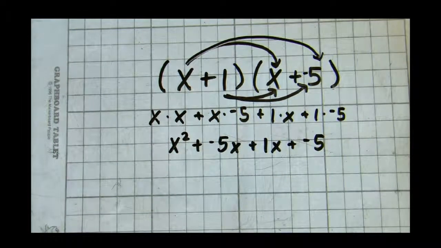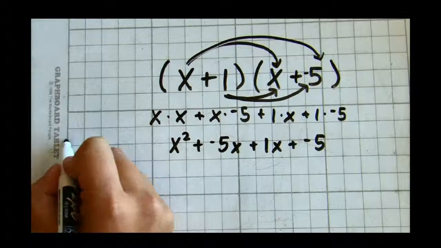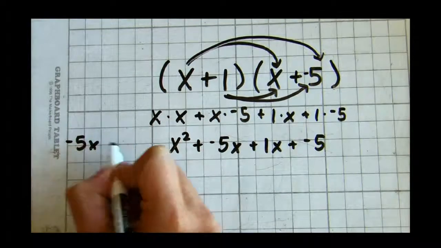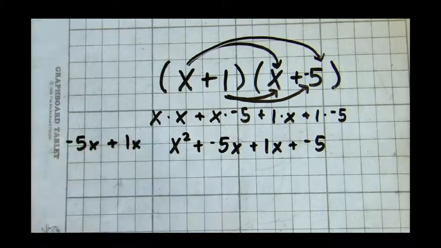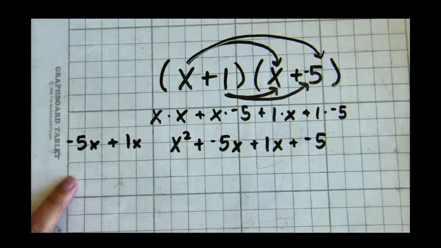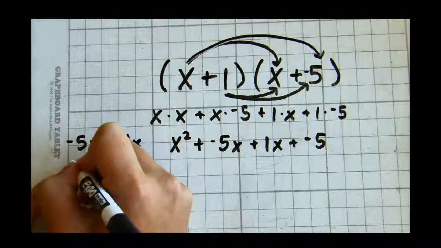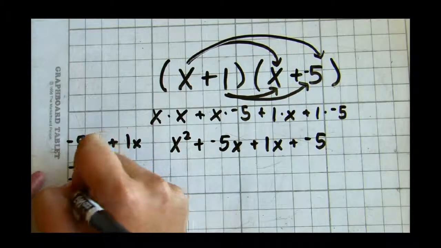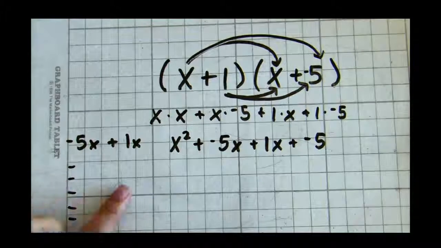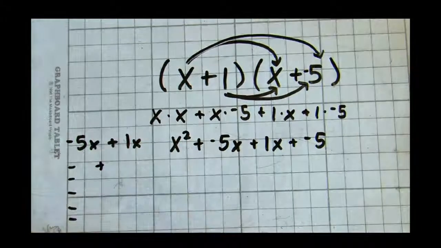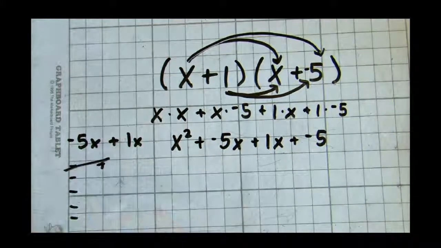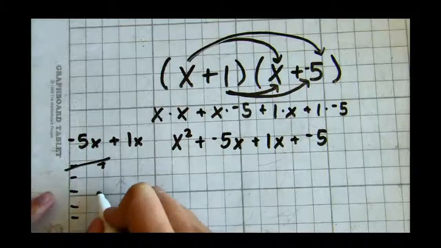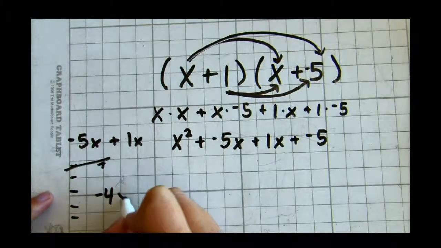Do I have any like terms? Yeah. I can combine my negative 5x plus 1x. If I do my pluses and minuses, I'm going to have negative 5 negatives and 1 positive. So one of these is going to cancel out. I'll be left with a negative 4x.